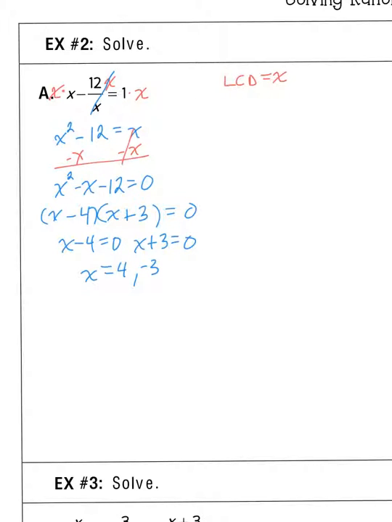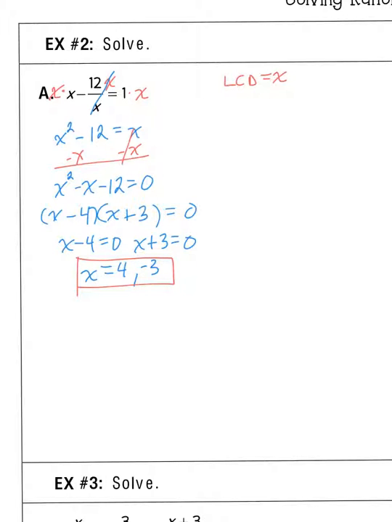So then you want to check them in the original. So I have a 4 here. 12 divided by 4 is 3. 4 minus 3 is 1. So that one checks. Use your negative 3. Negative 3 here. A negative 12 divided by a negative 3 is a positive 4. So a negative 3 and a positive 4 is still positive 1. So both of these end up being my solution.